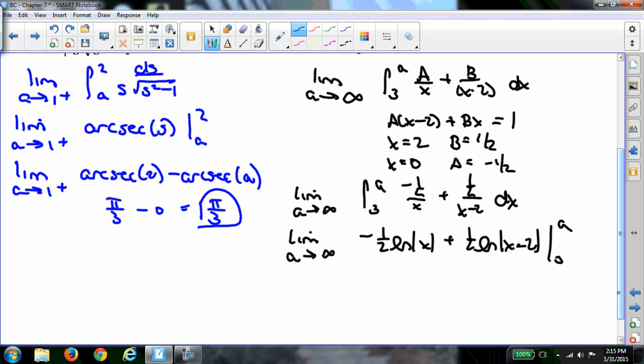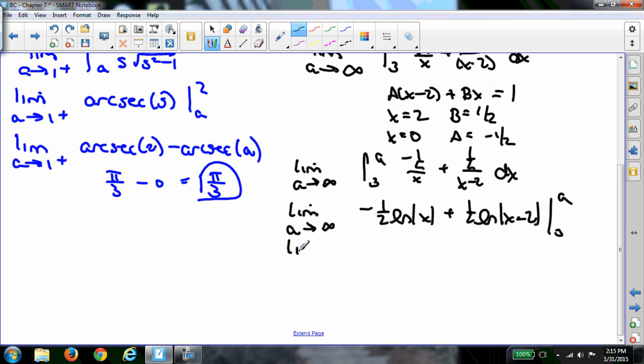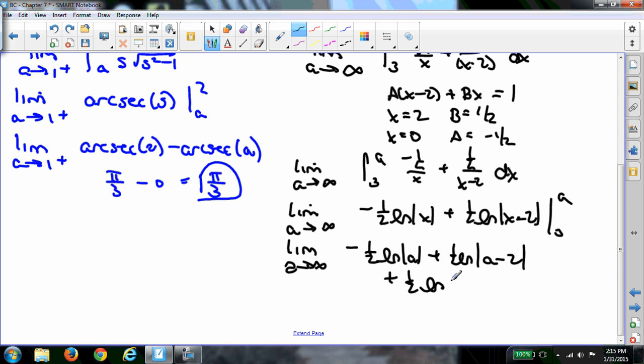Substitute in the bounds, don't do the limits and the bounds at the same time. So negative 1/2 natural log of a plus 1/2 natural log of the absolute value of a minus 2 plus 1/2 natural log of 3 plus 1/2 natural log of 3 minus 2.